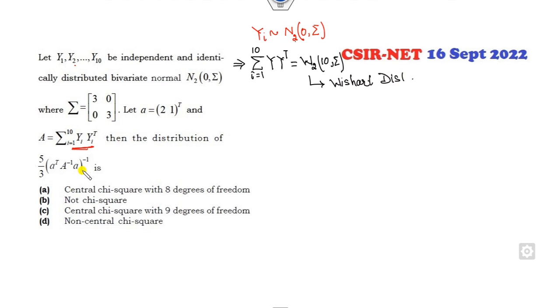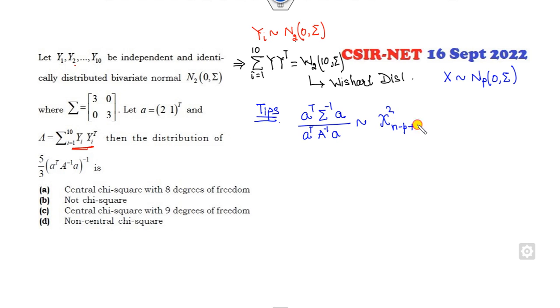Now A is any real vector, you have to find the inverse. So now I can simply tell you, if X follows the normal distribution with parameters mu and sigma, then always remember this simple tip: A transpose sigma inverse A divided by A transpose A inverse of A follows the chi-square distribution with the degrees of freedom n minus p plus 1.